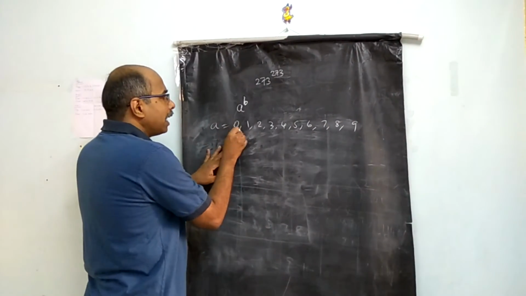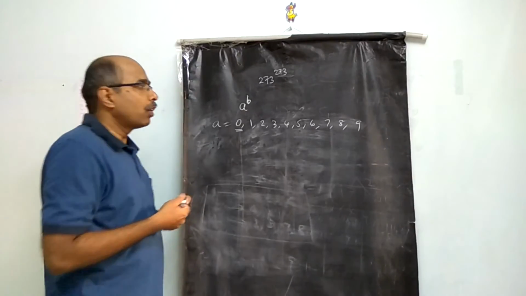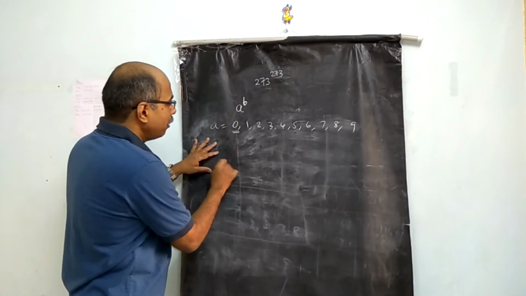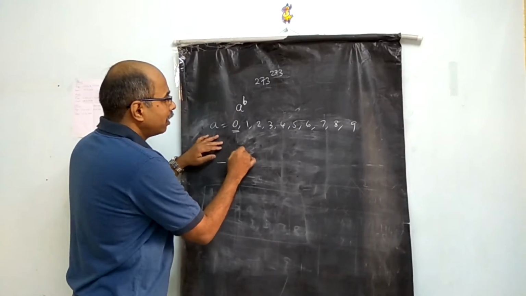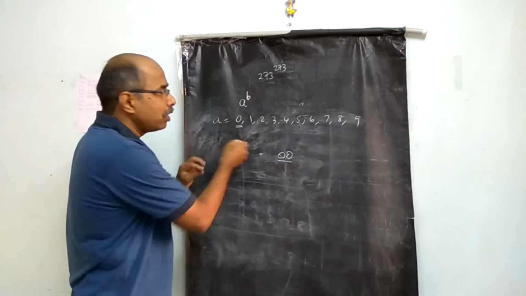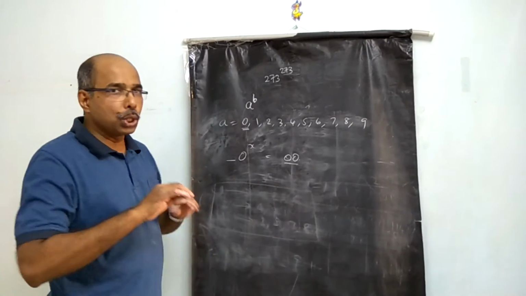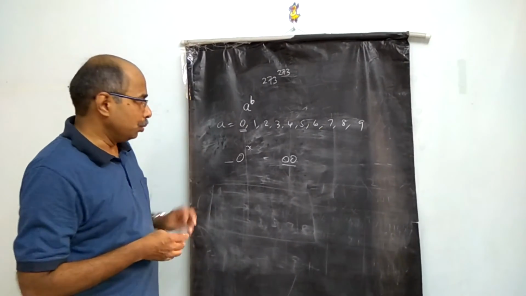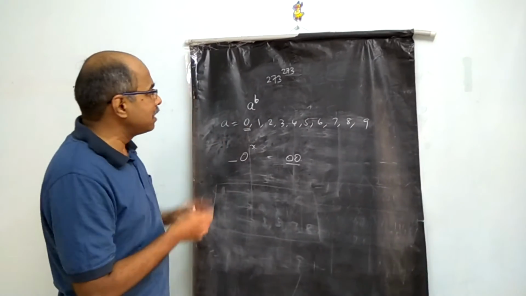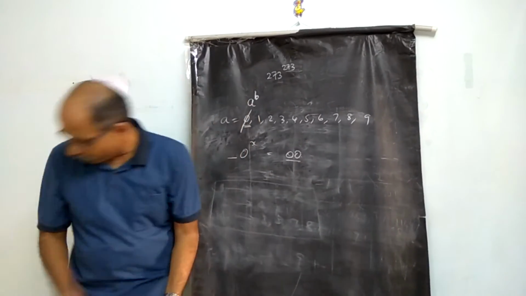If a ends with 0, we have got a shortcut, because any number ending with 0, power something, will give you the last two digits 0, 0, as long as the value of x is not 0 or 1. No issues. So if the base ends with 0, the problem gets simplified. So let us not worry about this.